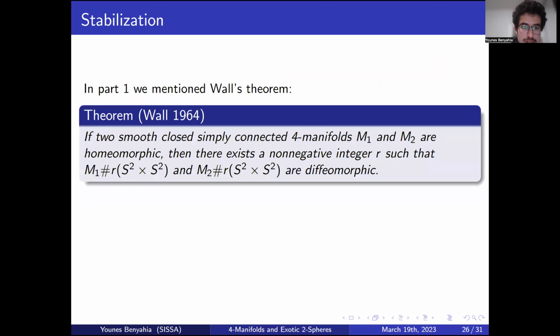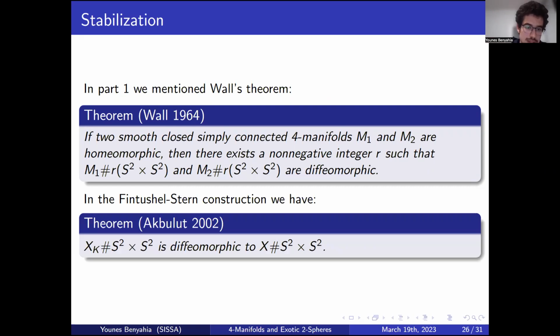Now stabilization. In part one, we mentioned Wall's theorem that if two smooth, closed, simply connected four-manifolds M1 and M2 are homeomorphic, then there is an integer R such that if you connect sum with R copies of S2 times S2, you will stabilize this exoticness and make them diffeomorphic.